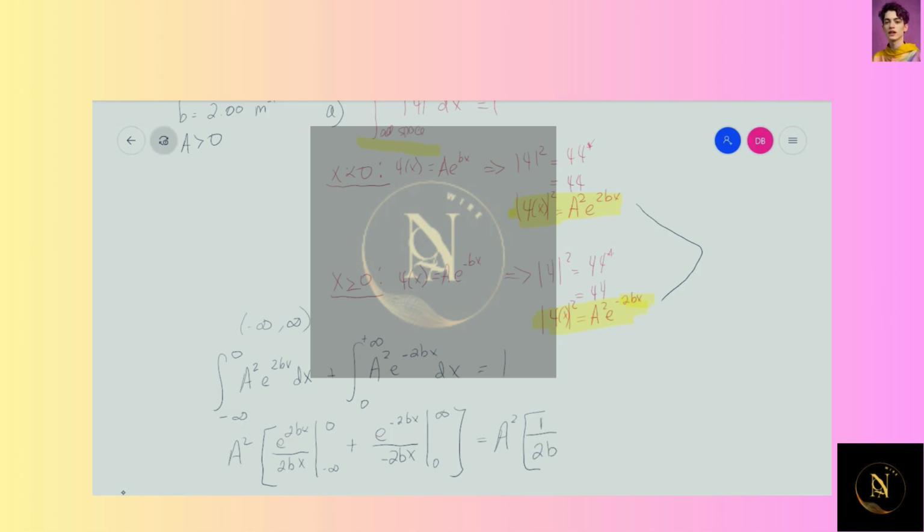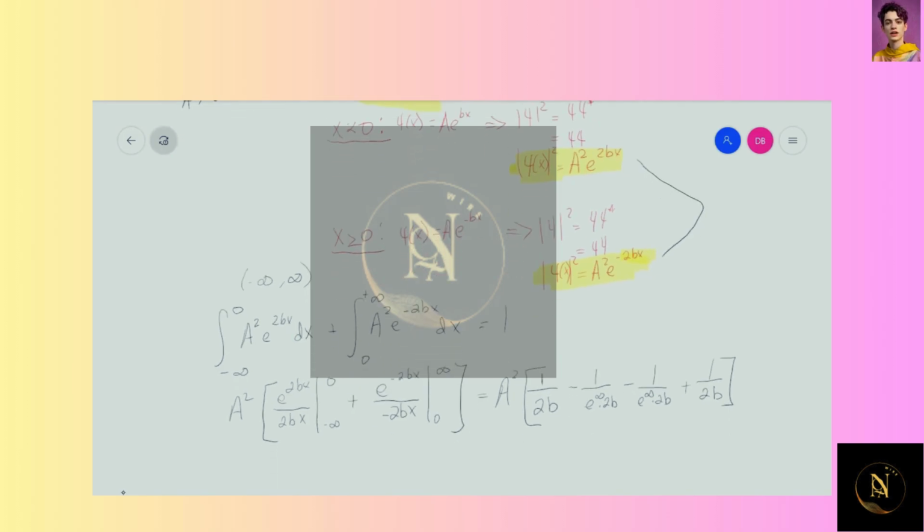So we get 1 over 2b. The term in the middle, negative 1 over e to the infinity times 2b, is going to cancel out as 0. It's also going to cancel out with the other one, e to the infinity at the bottom times 2b. Then the last term is 1 over 2b.